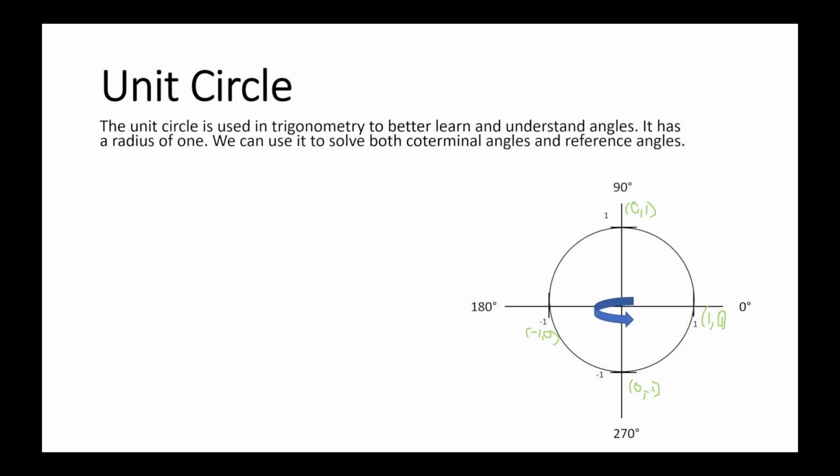If you go around in this direction, and this is counterclockwise, you'll find that, and I've already marked them here, if I start right here, this is where you always start, this is 0 degrees. If I go around this way, I've gone 90 degrees. Go this way, I've gone 180 degrees.